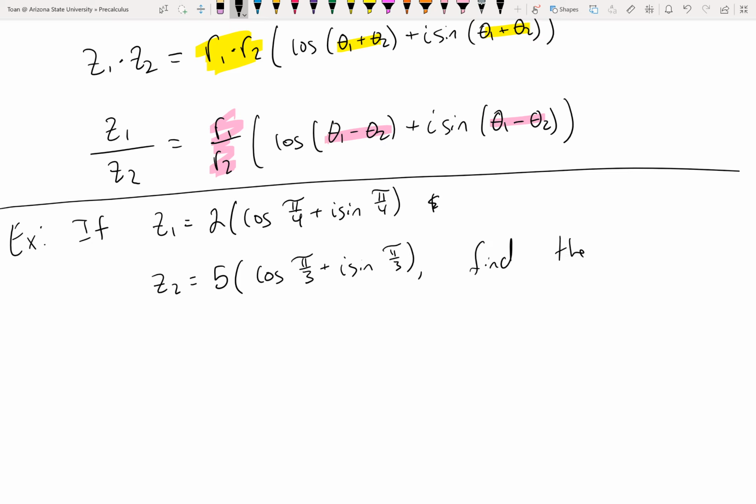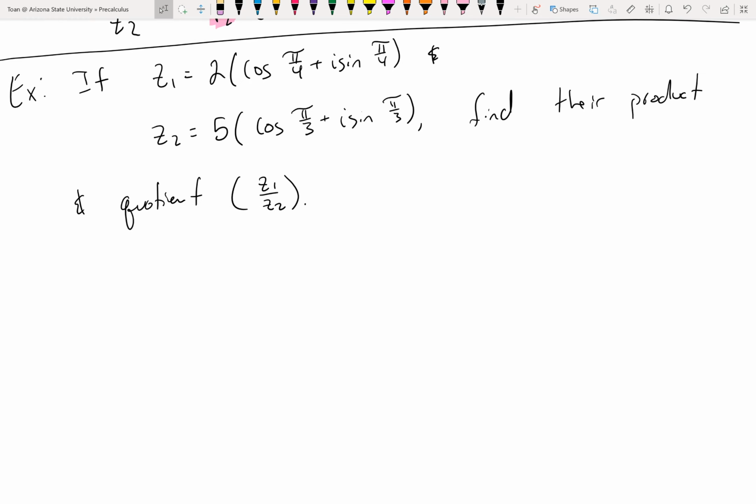Find their product and quotient. Specifically, I want to find z sub 1 over z sub 2. So look how easy and fast things are once it is in polar form.